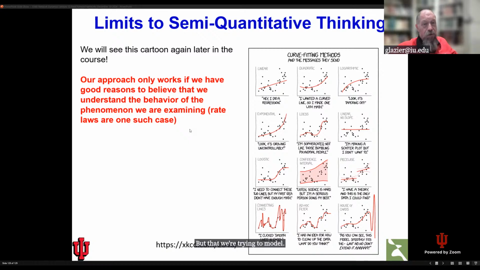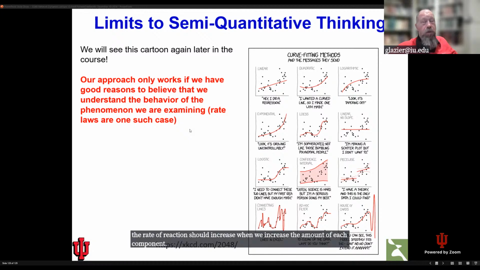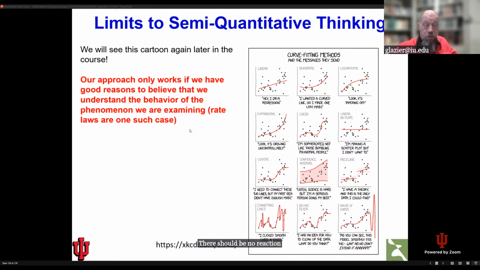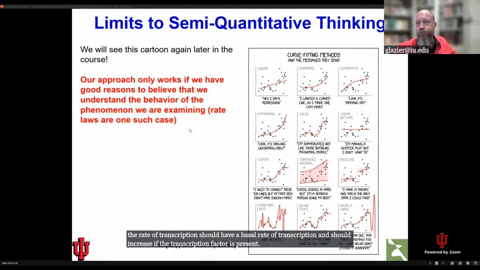In the case of chemical rate laws, it's not unreasonable to think that the rate of reaction should increase when we increase the amount of each component. There should be no reaction when one of the components is missing. The rate of transcription should have a basal rate and it should increase if the transcription factor is present.